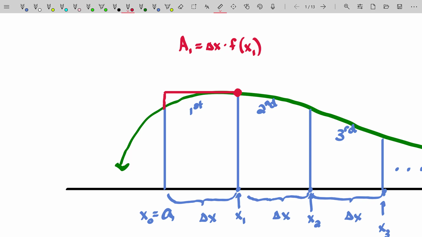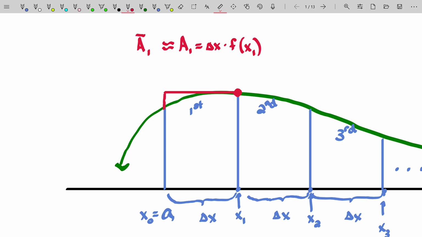And to be honest with you, that area is not a really good approximation of the area underneath that function, right? So this is approximately equal to the true area, which I'll use a bar for true, okay? The true area of that first slice. So the true area underneath that first slice is different than our approximated area, but all we can do right now is approximate.